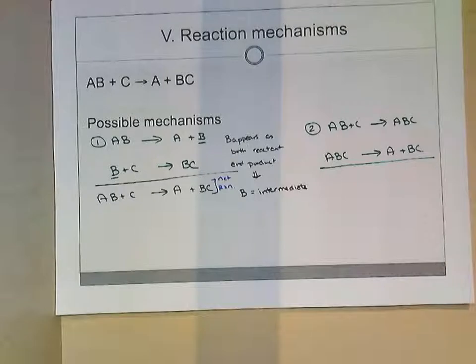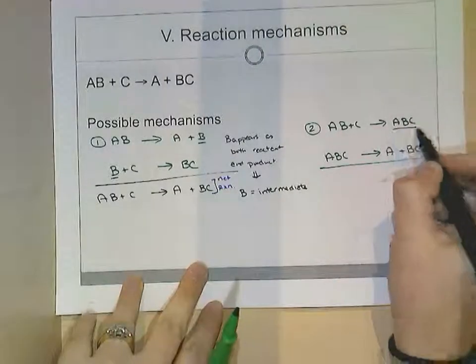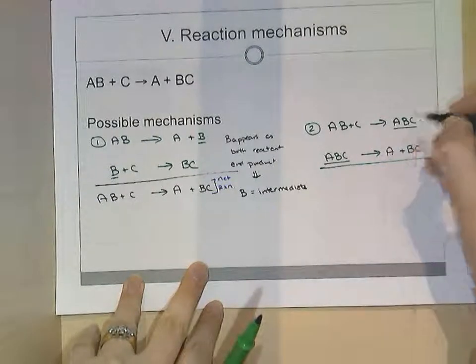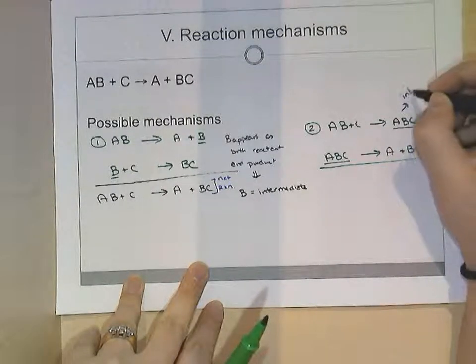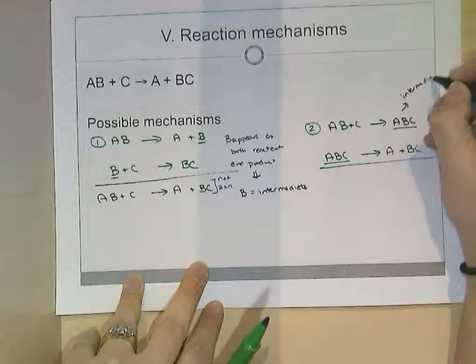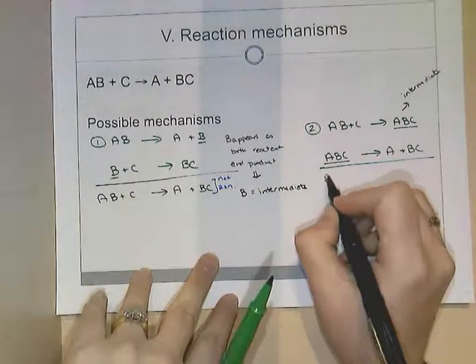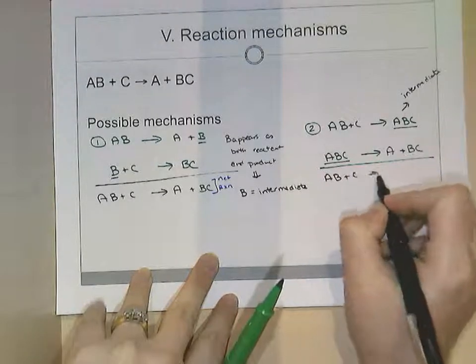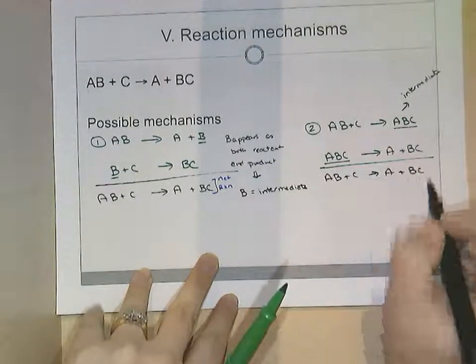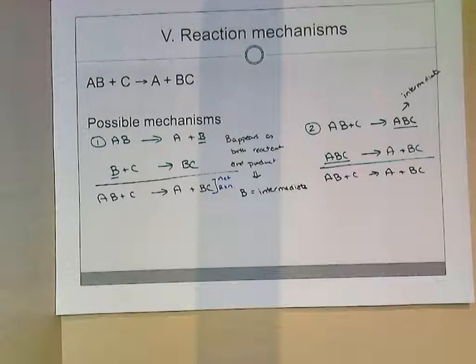Right, ABC is the intermediate because it appears both as a product and again as a reactant. Do I get the same final net reaction that I want? Okay. So is there any way to tell which one of these is more correct based on the information we have so far? No, we don't have enough information so far to figure out which one is more likely to happen.